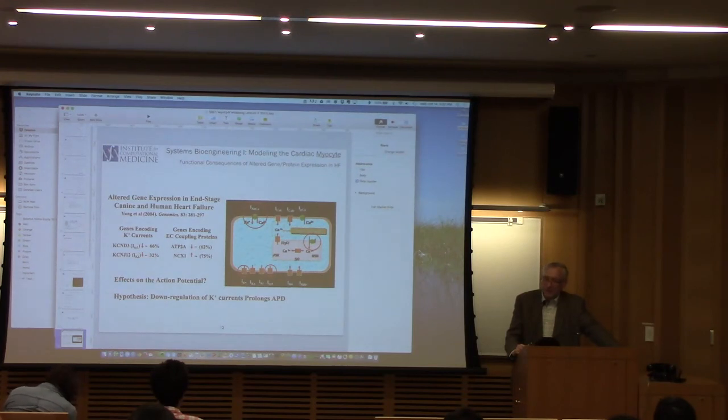But action potential prolongation promotes a form of arrhythmia that is known as an early after depolarization. This is an abnormal repolarization of the action potential that occurs very late in phase 3, early phase 4, just when normally the action potential would begin to drop in amplitude and repolarize.